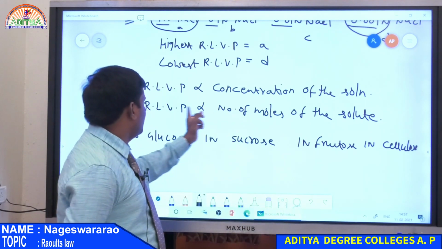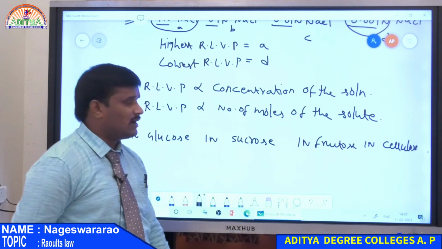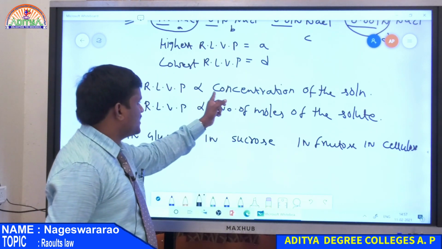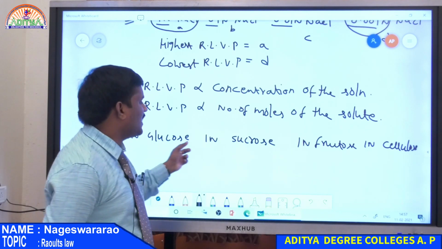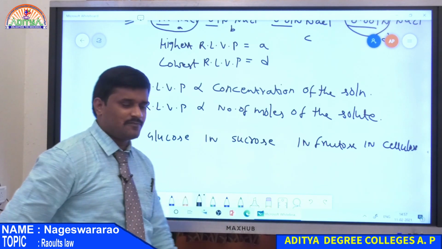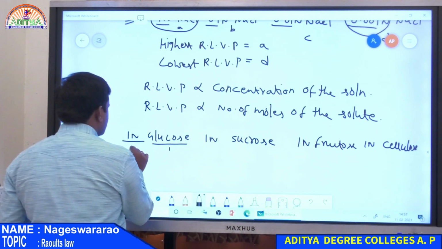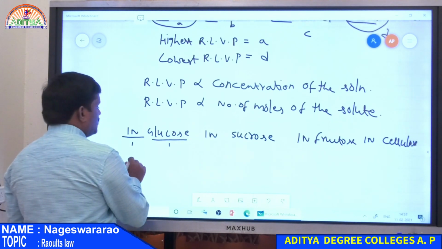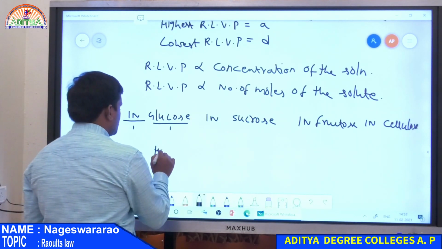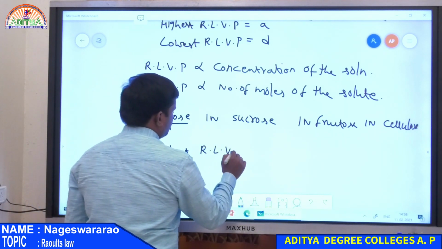RLVP is directly proportional to the number of moles, but all have the same moles. And according to the first point, RLVP is directly proportional to concentration, but in this example all have the same concentration. So the number of moles is equal to 1 and the concentration is also 1 normal. Therefore, which solution has the highest RLVP?